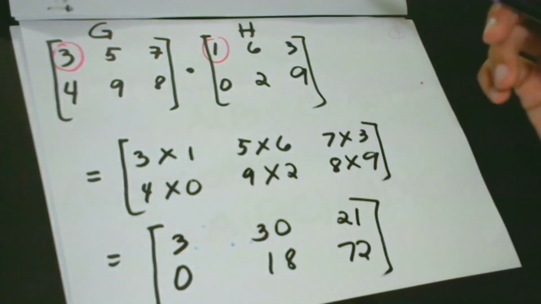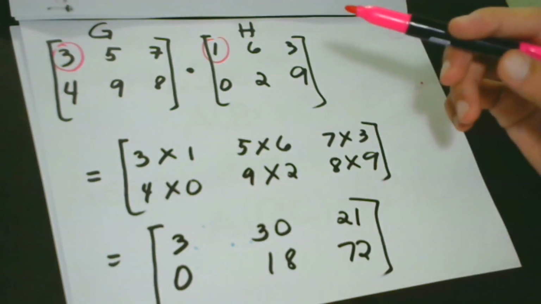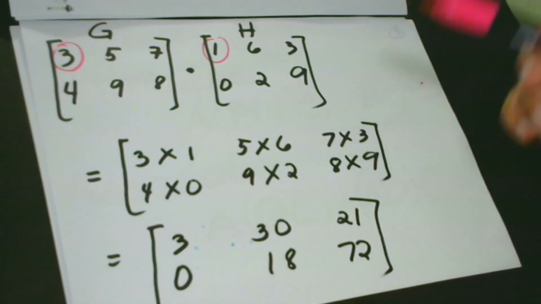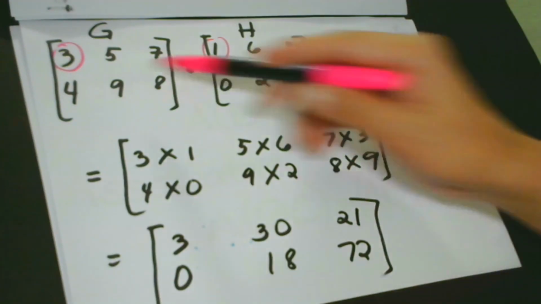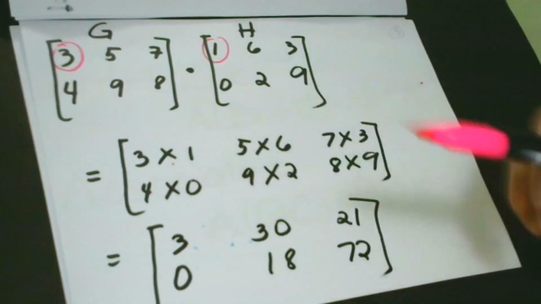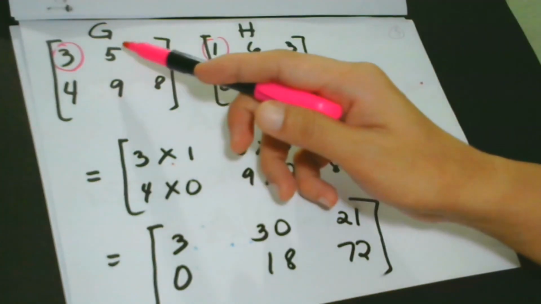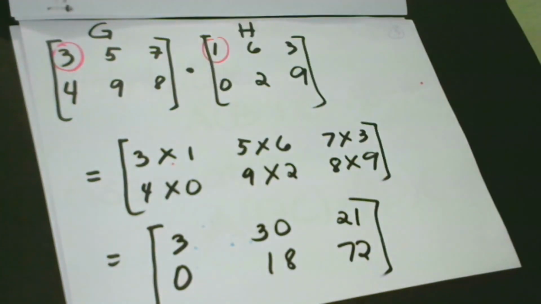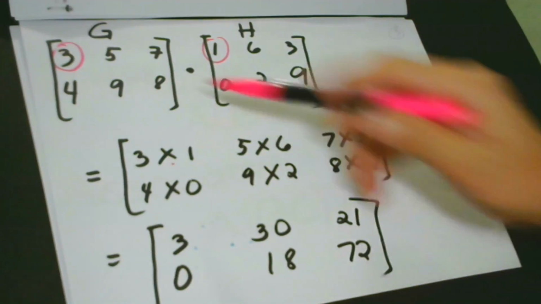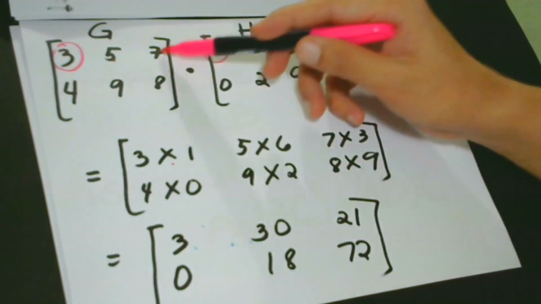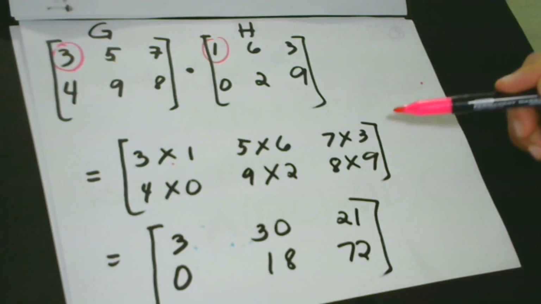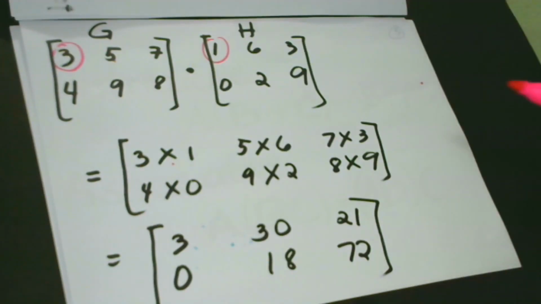Again, the rule is that whatever are the corresponding values should be multiplied together. So 3 times 1. And then for the second value of the first row we have 5 and 6. The third is 7 and 3. So these values are multiplied.